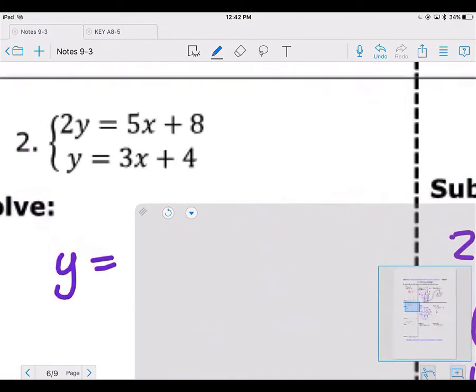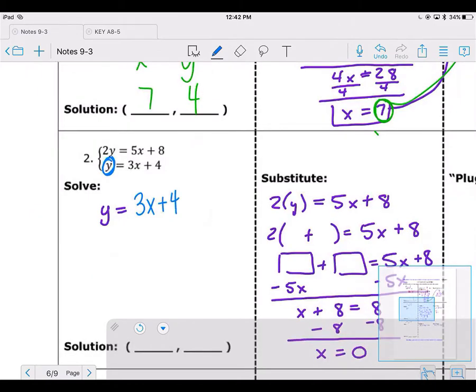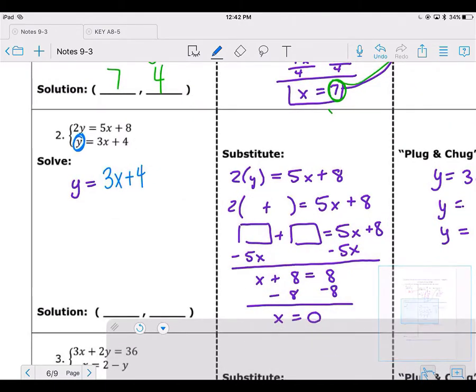Looking at my equations, I am looking for one where y is already by itself. So I solve by rewriting an equation where one letter, x or y, we have x equals or y equals, is by itself. From here, we use the other equation, 2y equals 5x plus 8.